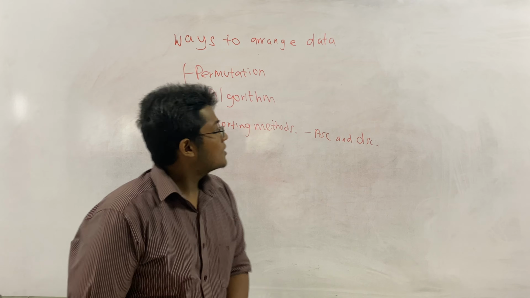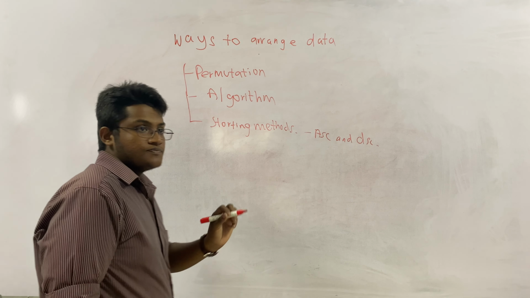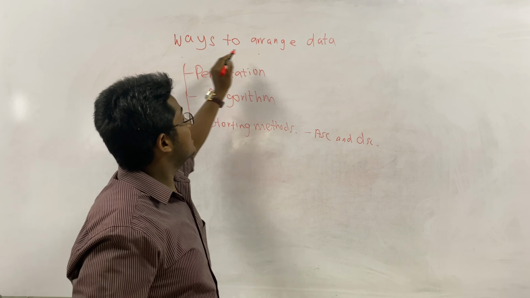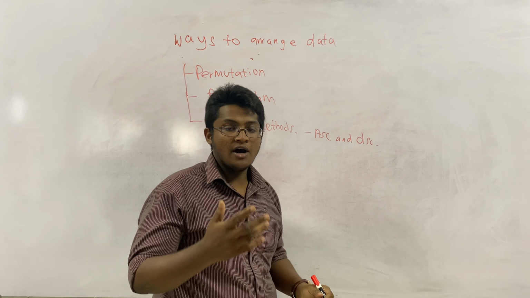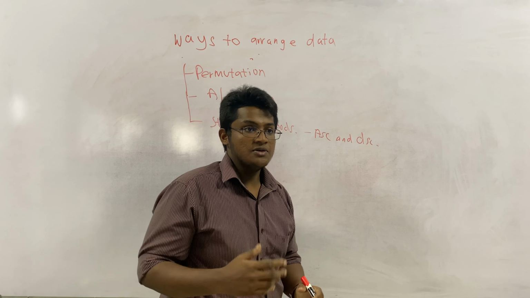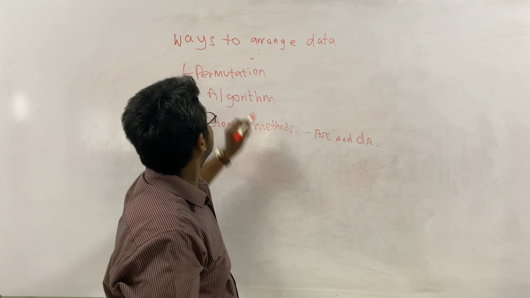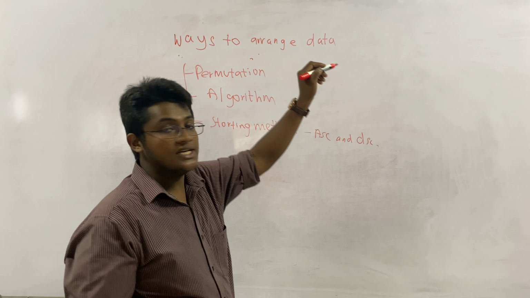Okay, now we will talk about how to arrange data. Our topic is data structures. Simply, in data structures we have to arrange data. There are different ways to arrange data.